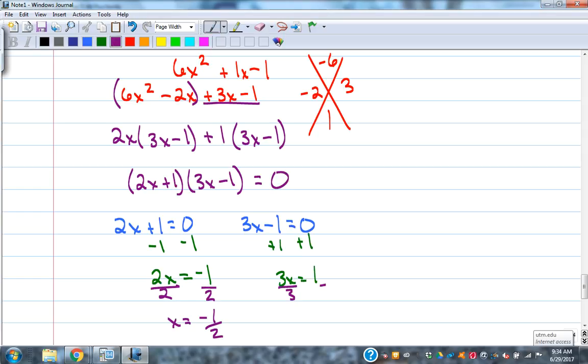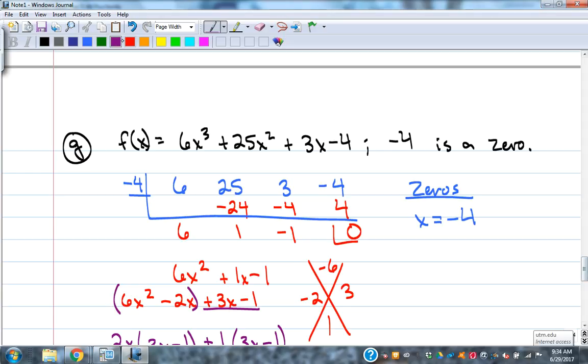Divide by 3. X is equal to 1/3. So our zeros are the x equals -4 that they told us about, and then -1/2 and +1/3. So x equals -1/2, +1/3. There's my zeros for that polynomial.